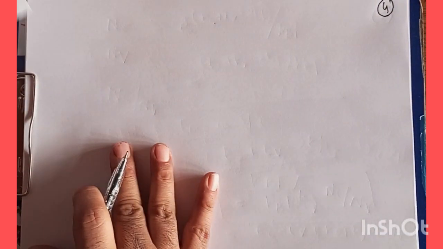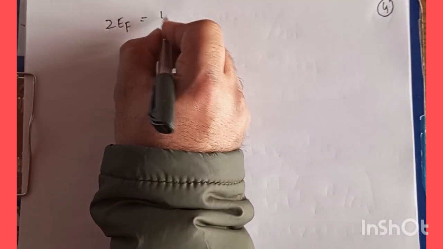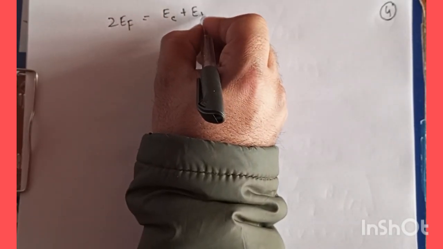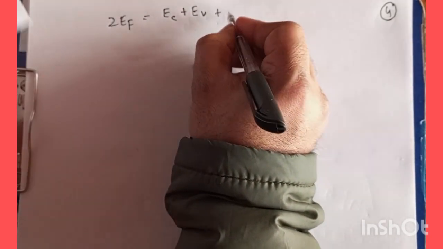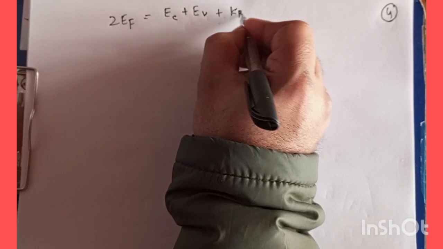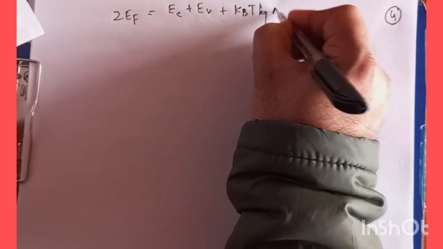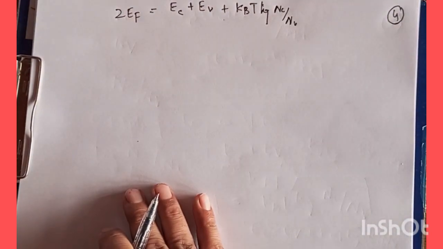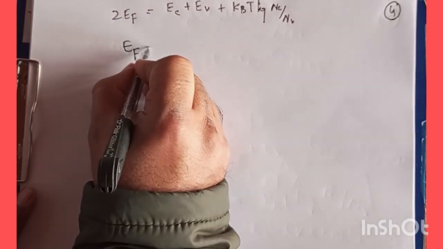We will have twice E_F equal to E_C plus E_V, plus k_B T log of N_C by N_V.